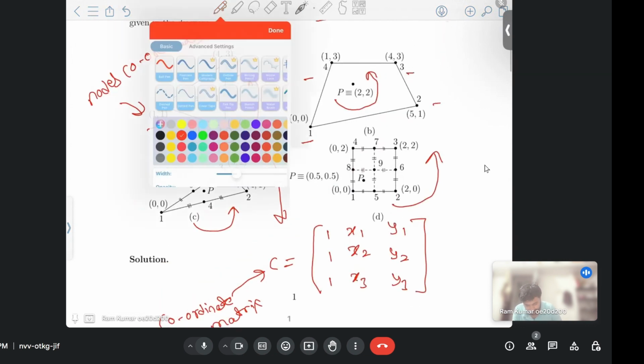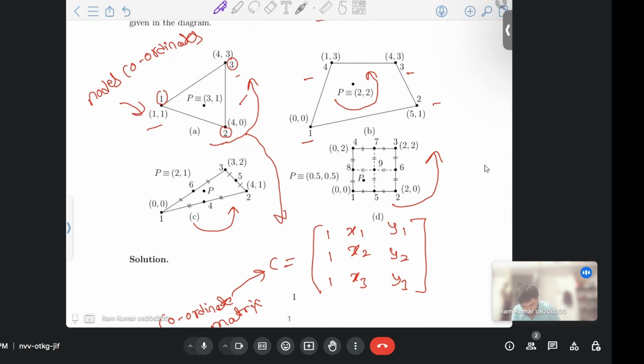From this figure, we can say that x1 will be 1, y1 will be 1, then x2 equal to 4, y2 equal to 0, then x3 equal to 4, y3 equal to 3. So these are the coordinates for this triangular element.